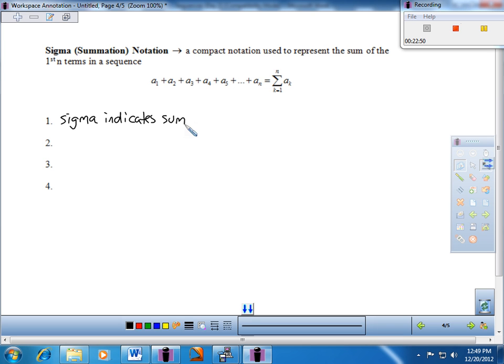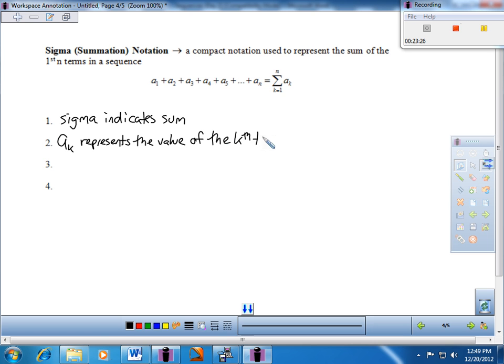Okay, now number 2, it looks like a couple things we're going to have to deal with. This a sub k right over here, k being our variable, is just going to represent the value of the kth term, essentially. So that's what I'm going to write here. A sub k represents the value of the kth term.